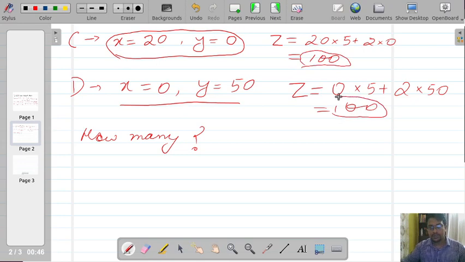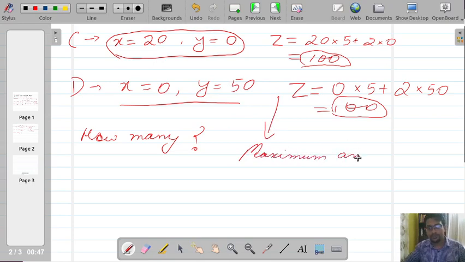So here in the second two cases, the total cost or total amount of money spent is maximum. In these two cases the maximum amount of money has been spent.